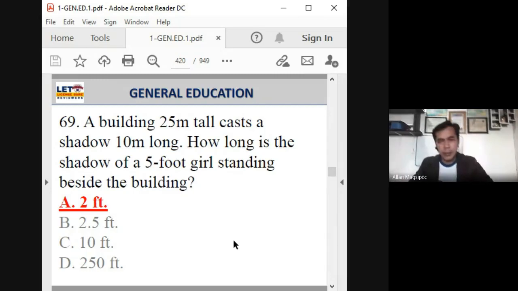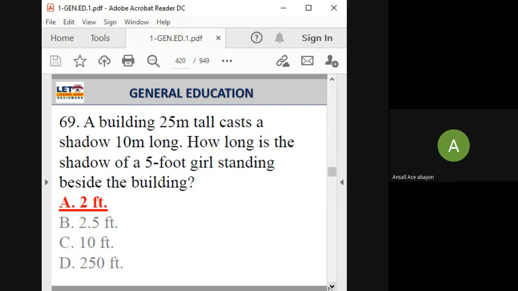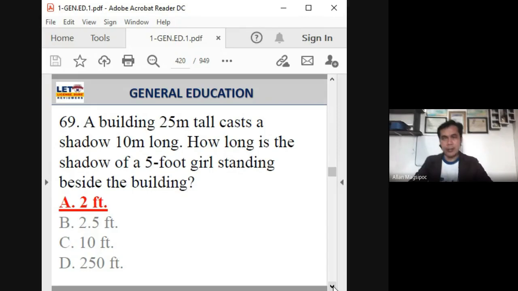Anyone? It's about proportion. 25 is to 10, and 5 is to how long is the shadow? Direct. Thank you. Direct proportion still.